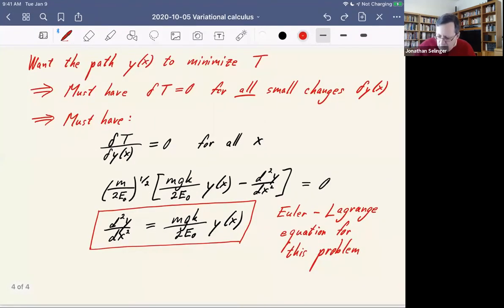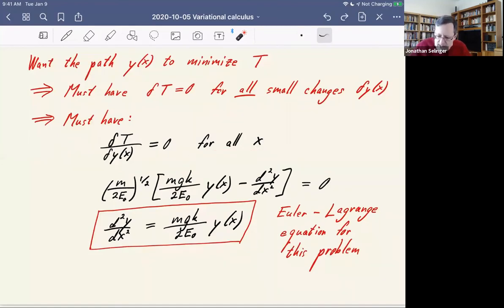So yes, we want this. Another way of saying this, we want this variation delta t to be 0 for all small changes delta y. So we want this functional derivative to be 0 for all x, right?